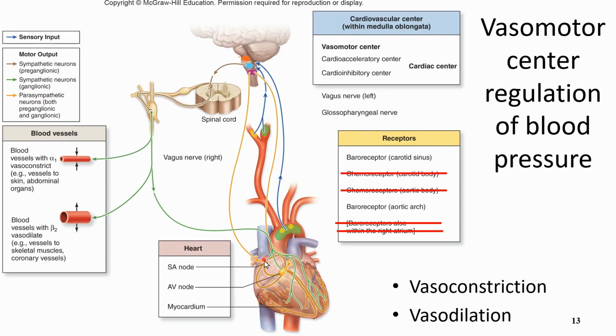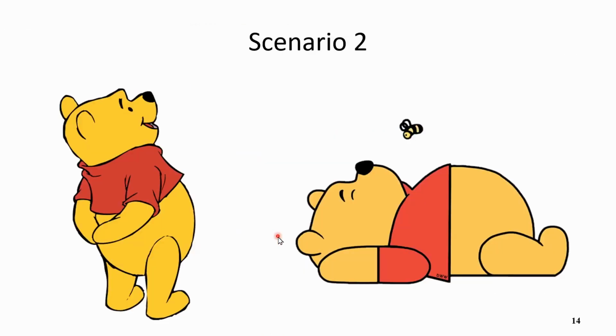That is, it raises the rate of firing of the SA node, which increases heart rate. And the third place it goes is the cardiac muscle, causing it to pump stronger, which would increase stroke volume, which will increase the pressure in the aorta back up. That was long-winded, but we're almost done.